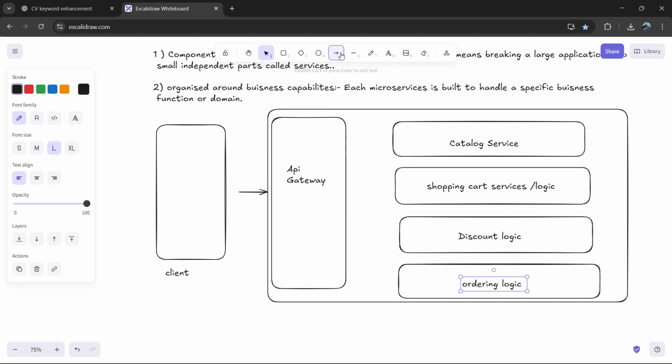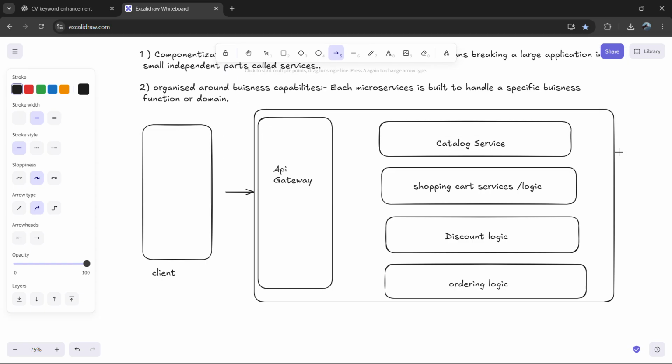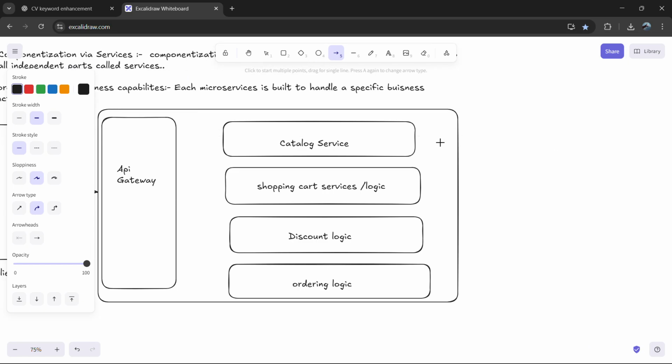And for all this logic, there will be a separate database.